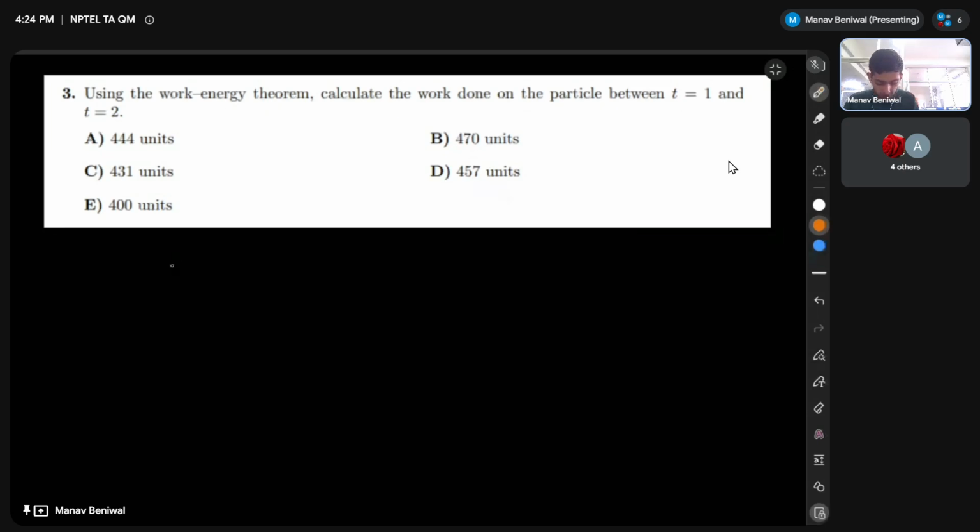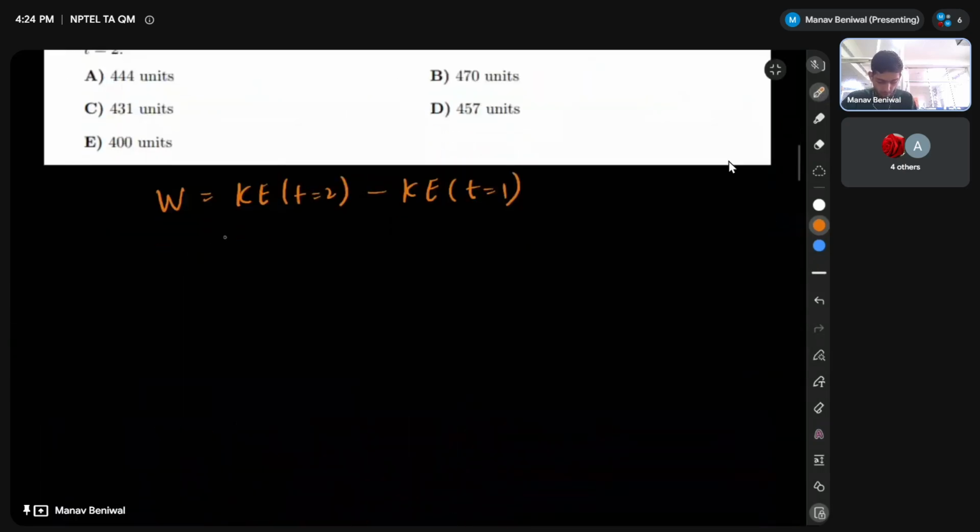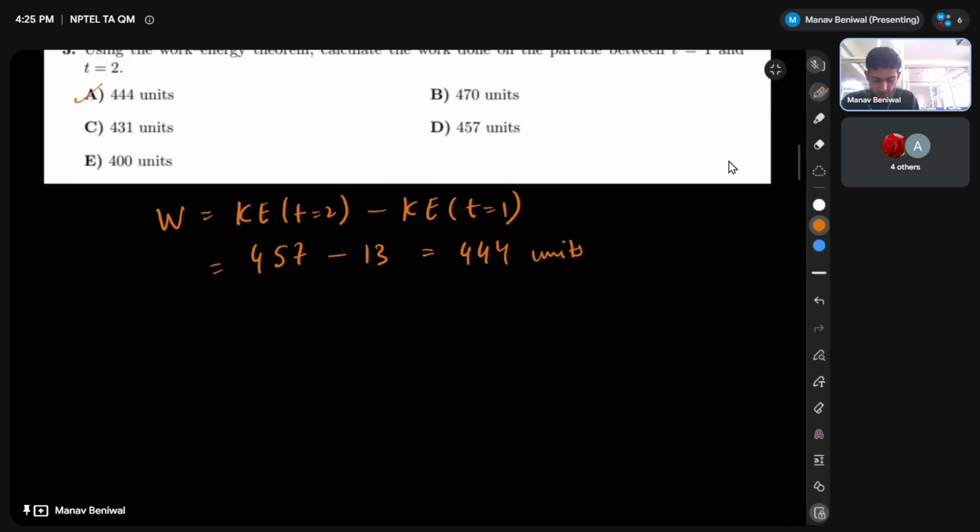My work is change in kinetic energy. So it will be kinetic energy at t equals 2 minus kinetic energy at t equals 1. So this was here 13 and 457. So this will be 457 minus 13, which will give me 444 units. Okay, which is again option A.